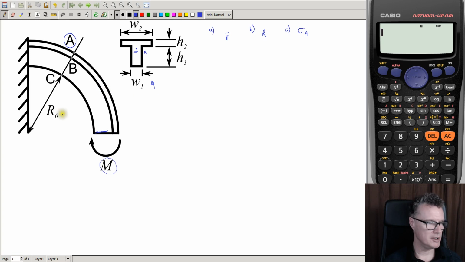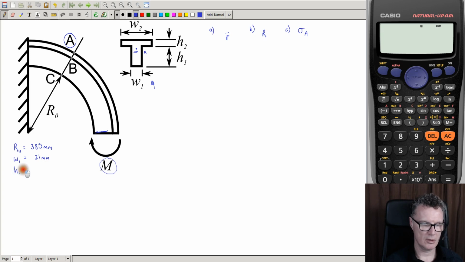So I'm going to need some values. The R0 distance will be 380 millimeters, and my W1, the width of the lower section, will be 21 millimeters. Actually, let's do the height next.